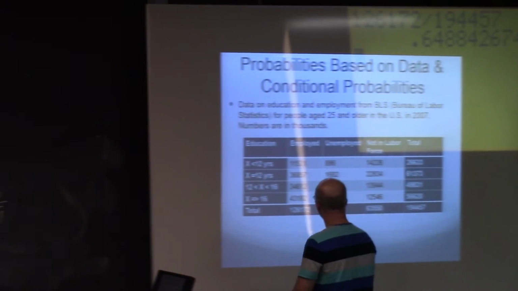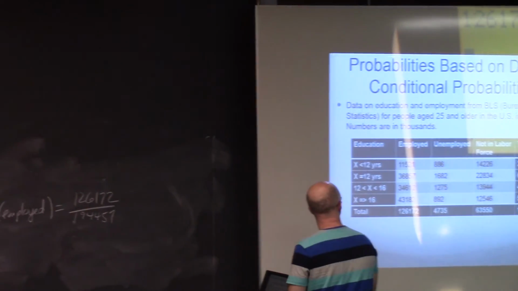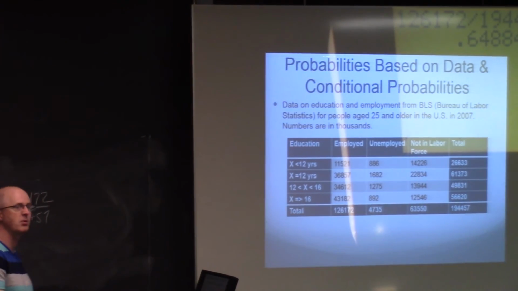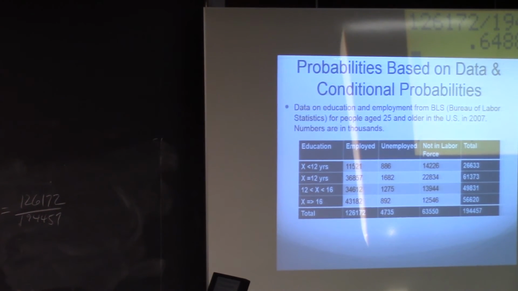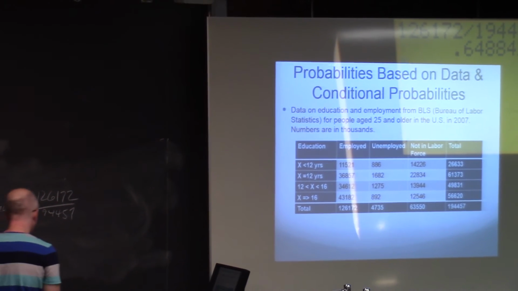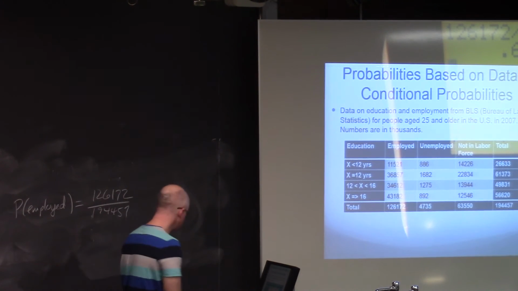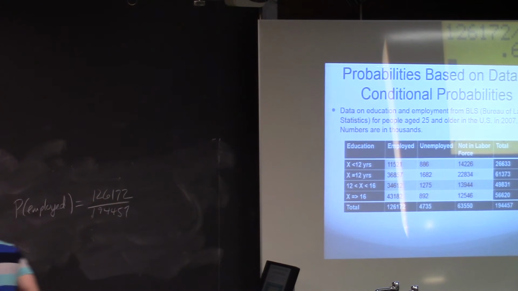We can try to answer other questions. What's the probability that a randomly chosen person is both employed and has finished college and perhaps had grad school? In other words, X is greater than or equal to 16.